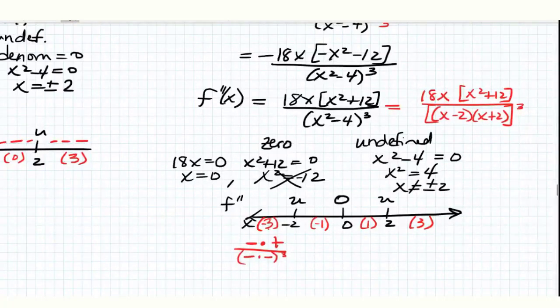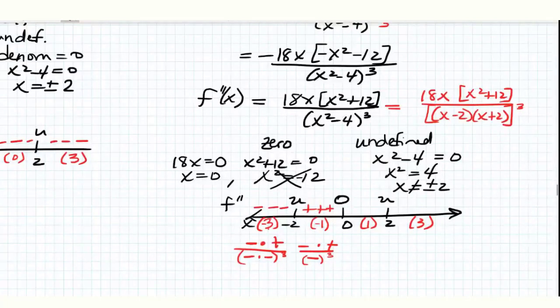So on balance, negative times positive divided by positive is going to be a negative. Plugging in -1, the numerator would still be a -18 times some positive number. And then in the denominator, we would have a negative times a positive. So that would give us a negative cubed. And negative divided by a negative is positive. So we do have a change in concavity there.